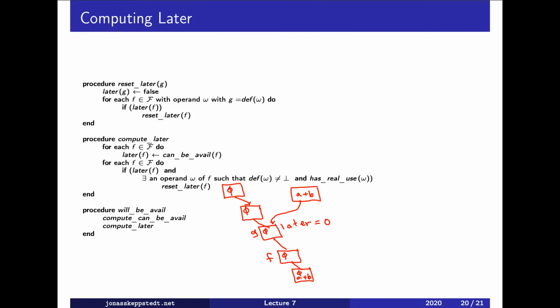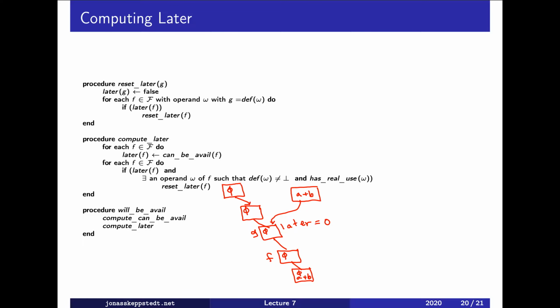We have computed where we can insert the expression, and that is known as can be available. What we will now compute is the attribute will be available, and that starts with can be available, and then we may decide to insert the expression later.